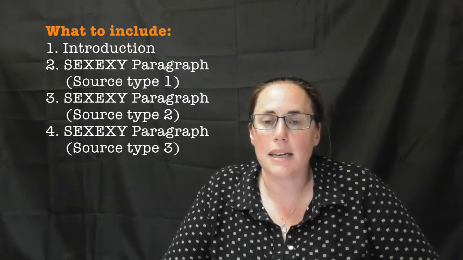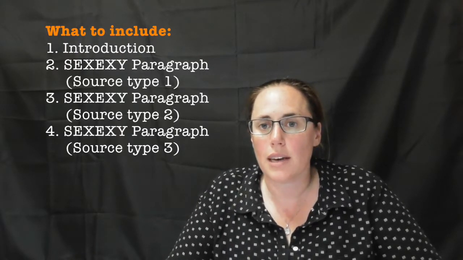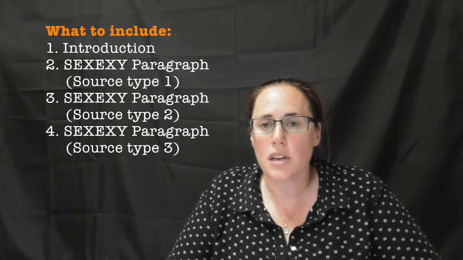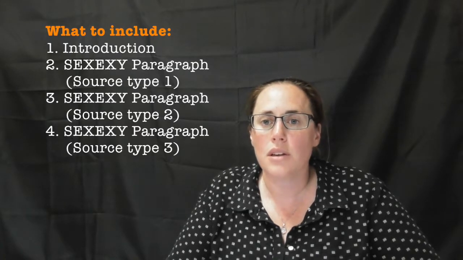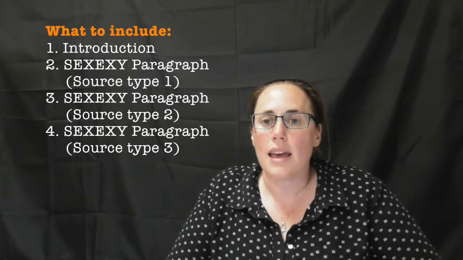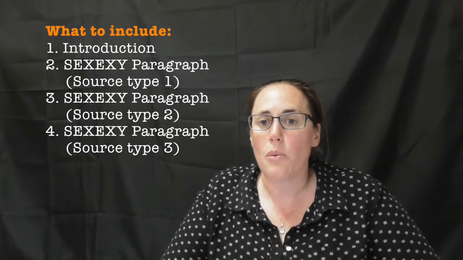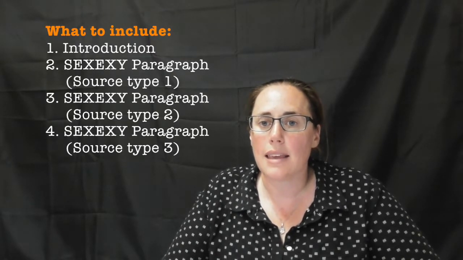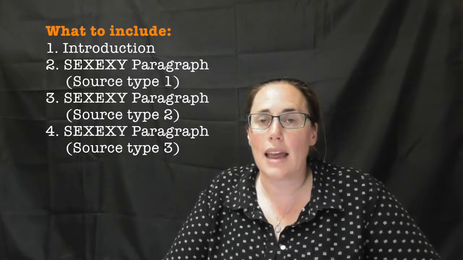It doesn't actually matter, but each one of these needs to provide me with a paragraph that 1 explains and provides a definition for that type of source, 2 explains how you would use that type of source, 3 explains why you would use that type of source, then explains how a company or a government would use that type of source and why, and then at the end sums it up and tells me why that type of source is useful in any sort of research context.